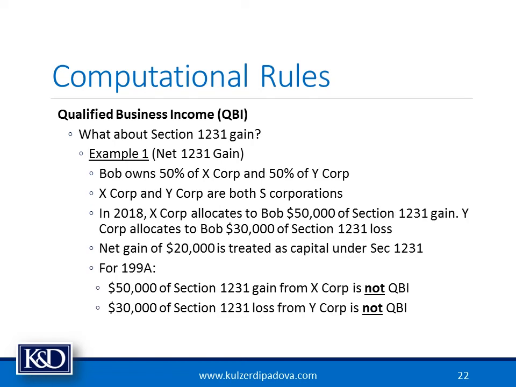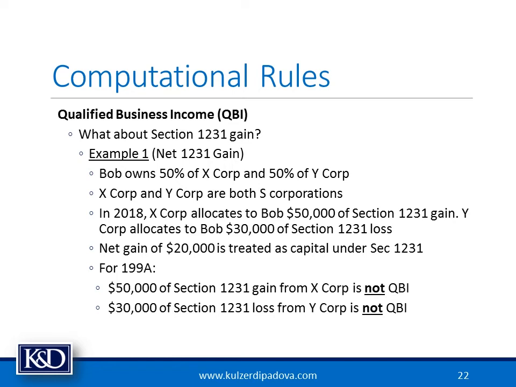All right, so the first example, we're going to end up with a net 1231 gain. Bob owns 50% of two S corporations, X Corp and Y Corp. In 2018, X Corp allocates $50,000 of 1231 gain to Bob. Y Corp allocates $30,000 of 1231 loss. So you've got a net gain of $20,000.